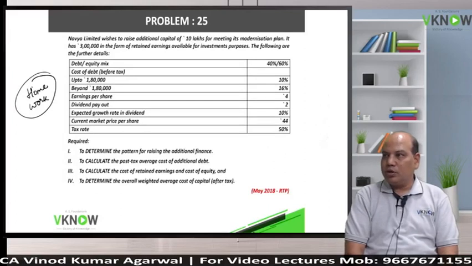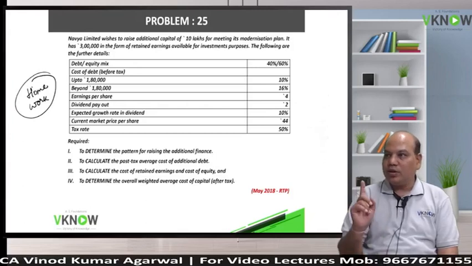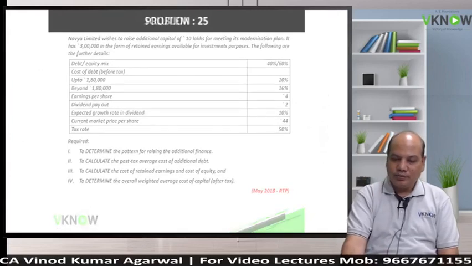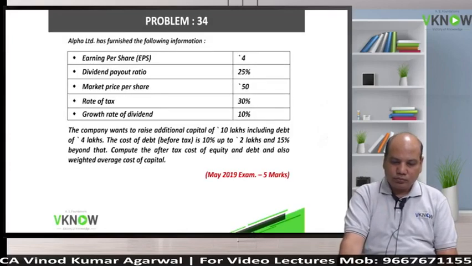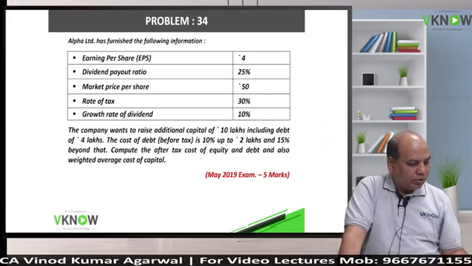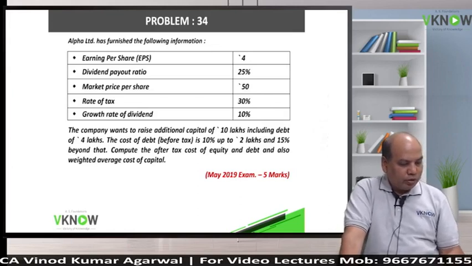Almost same as 22, except the debt equity ratio. All remaining details are same. So kindly do it as homework. It was May 2018 RTP. So tick mark 25 as homework. Follow the format I have already used.